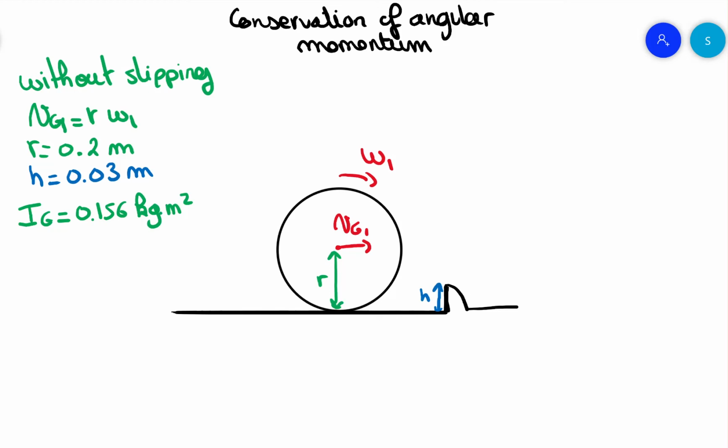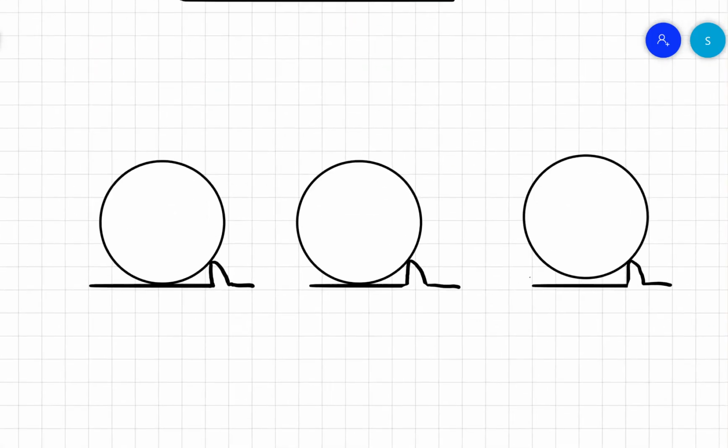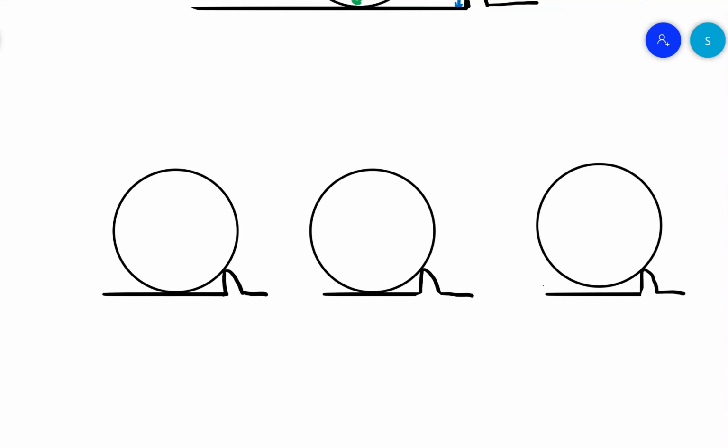So what we will look at is before the impact on the obstruction and just after the impact of the obstruction. So let's draw the principle of impulse and momentum.